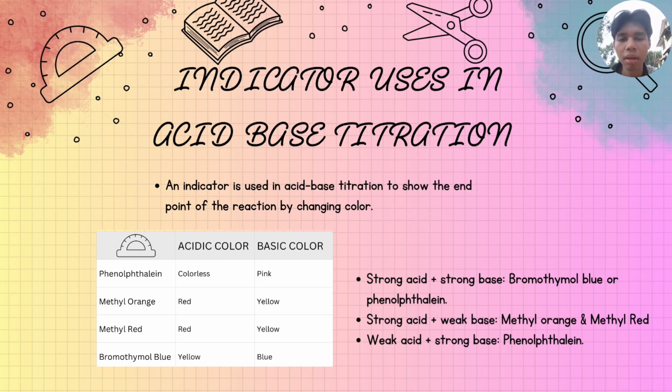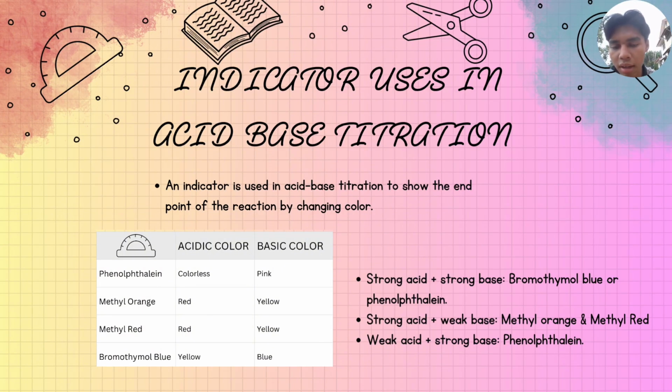So this is the most important part of acid-base titration, that is the indicator that we use. An indicator is used in acid-base titration to show the endpoint of the reaction by changing its color. So these are examples of a few indicators that we use. The first one is phenolphthalein.